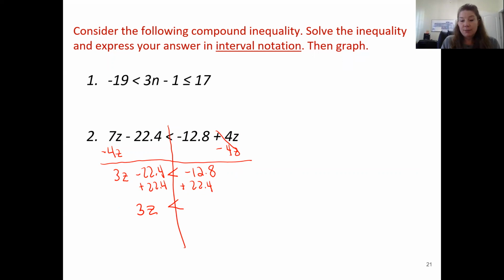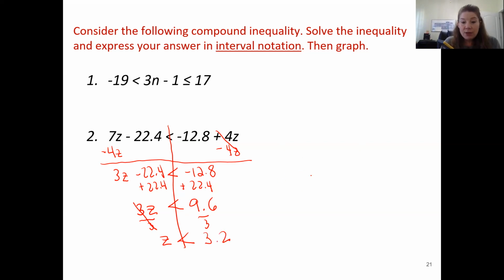Don't try to figure that out in your head. 22.4. You're going to get +9.6. And now how do you get rid of ×3? We're going to divide by a +3. So z is less than 9.6 divided by 3 is 3.2.